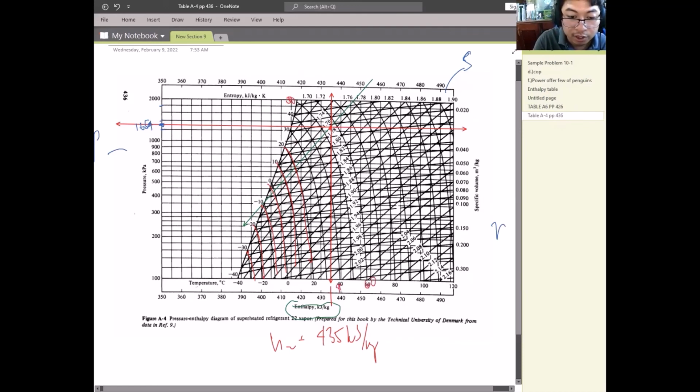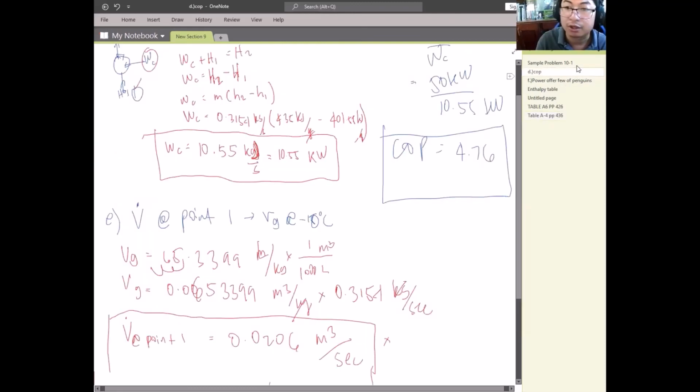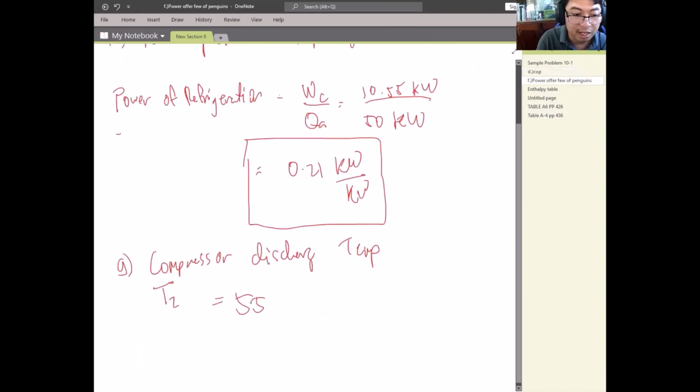We will follow the curve of this intersection, down the curve. So this is an estimation. I think this is around 55. Yes, approximately 55 degrees Celsius. So this is the temperature discharge of the compressor, estimated 55 degrees Celsius.